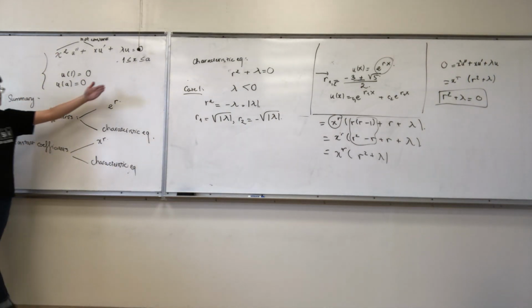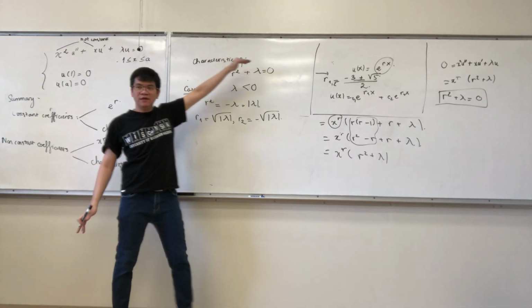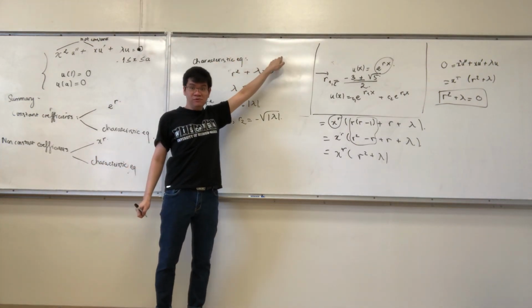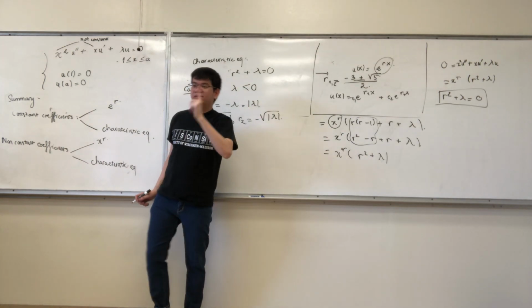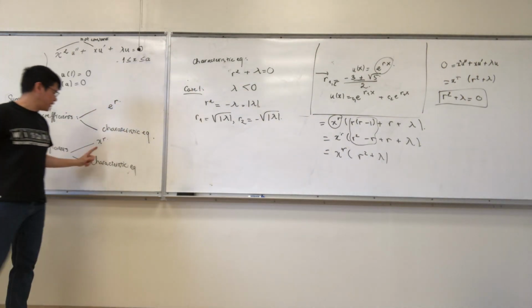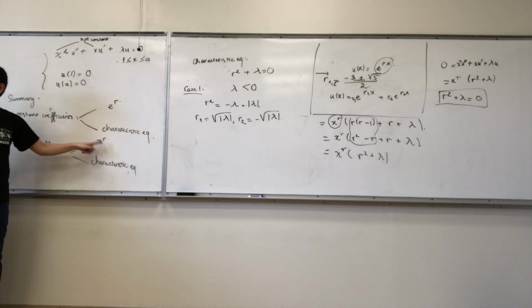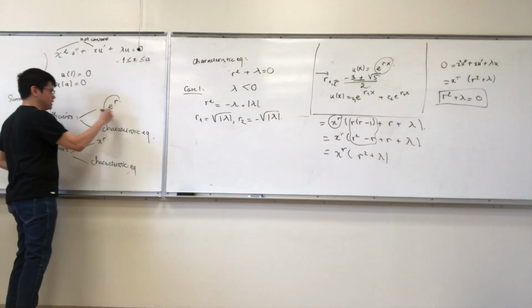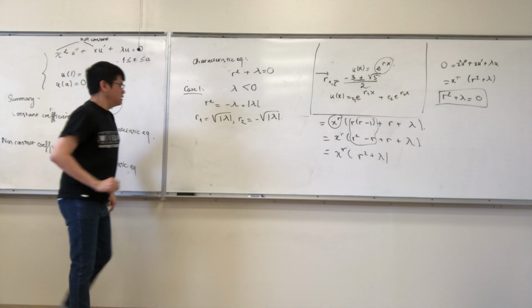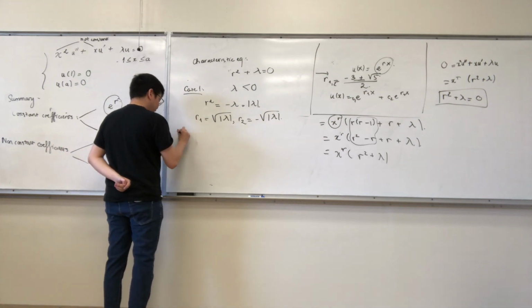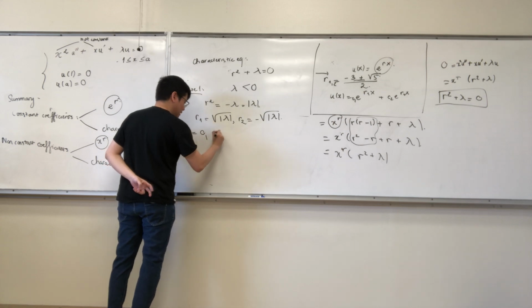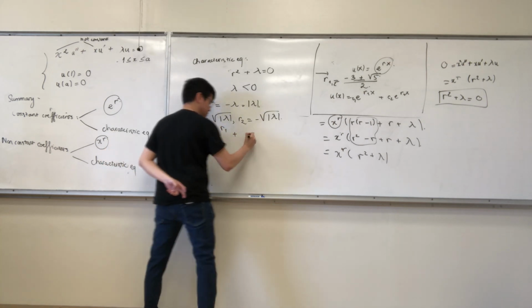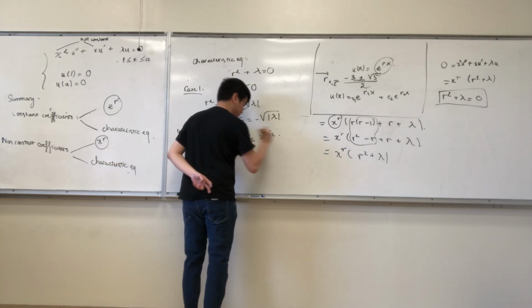Because the characteristic equation in this case is r squared plus lambda equals 0, you consider 3 cases like in the previous case. But the only difference is that you replace exponential by x to the r, right? So you replace this by this, right? So then you're gonna have u(x) will be c1 x to the r1 plus c2 x to the r2, right?